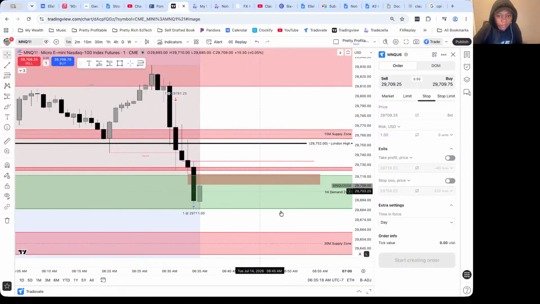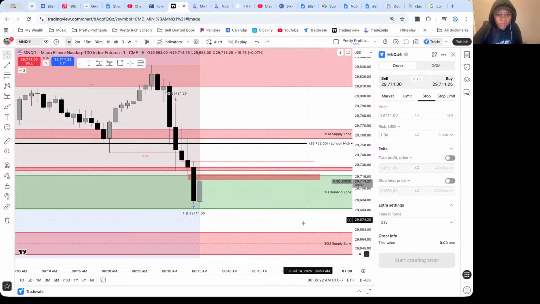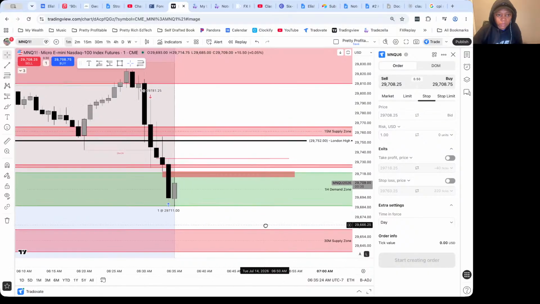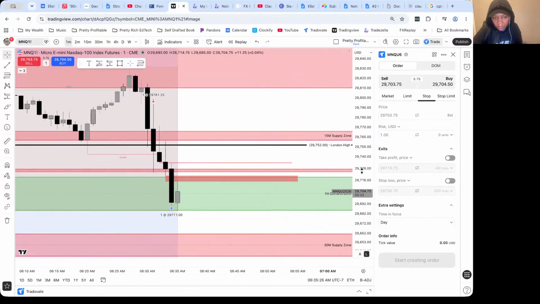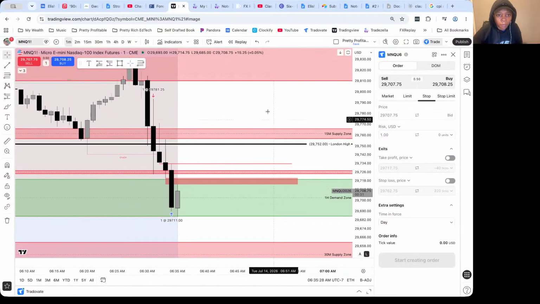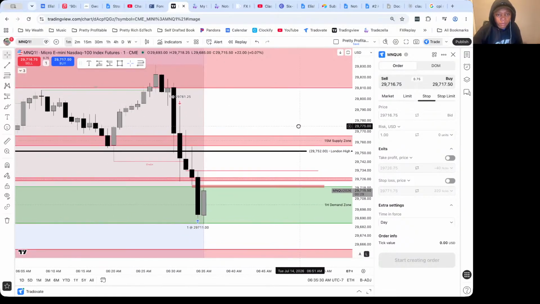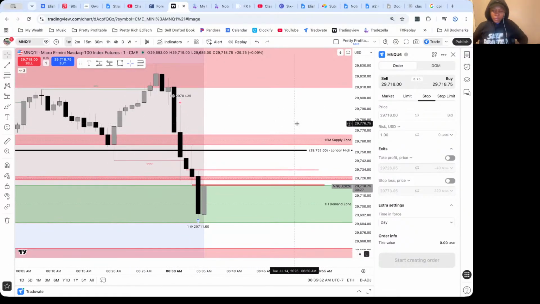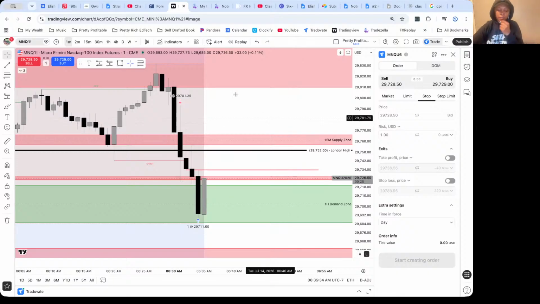Alright. So we're currently now in a demand zone at the moment. So I kind of want to see it play out. And I don't have to sit here and trade.